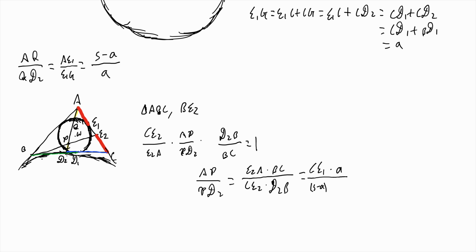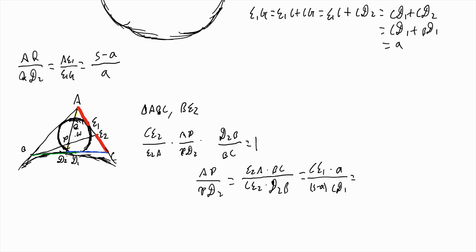And we have D sub 2B. So this one right here is equal to C D sub 1. Am I right? Yes. So this is equal to C D sub 1. And let's continue writing. What is C E sub 1?